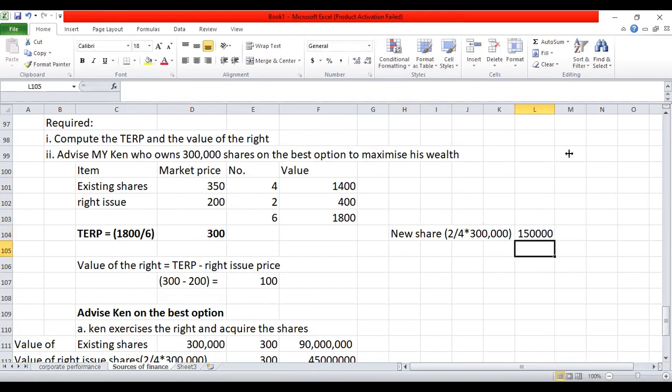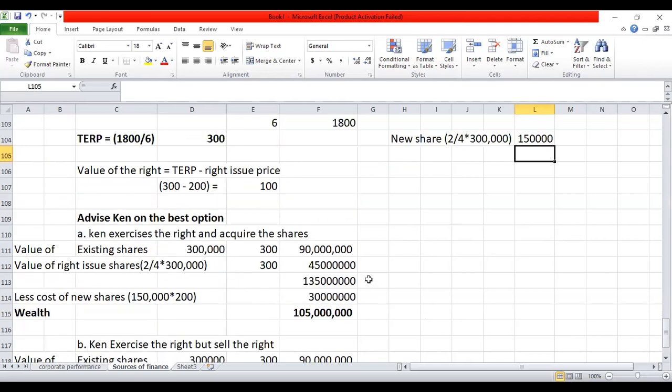So that is the shares that he is getting. Why do you have to raise the value of the new shares? He has acquired these shares. He has paid money to acquire. So if his wealth is like this, we need to less what he has paid to acquire the new shares, then to get the net wealth.